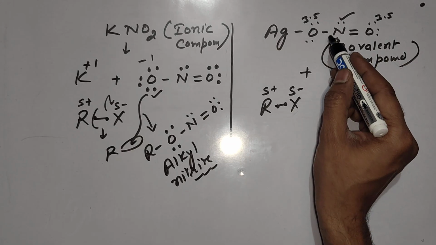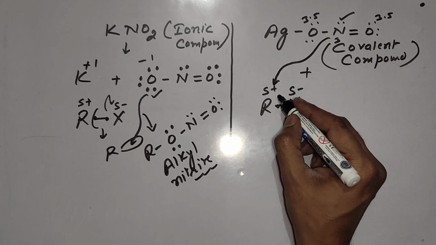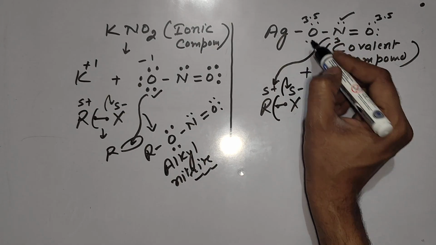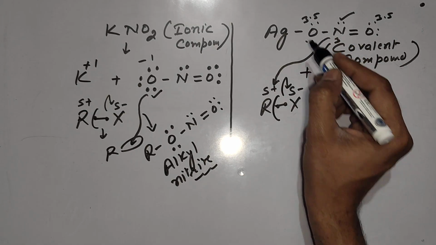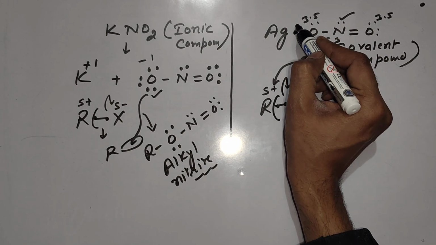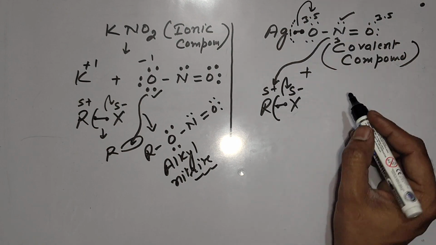So nitrogen will start donating lone pairs to R, and the bond will break. This X negative will be stabilized by silver because silver is less electronegative than oxygen. So when the bond between silver and oxygen breaks, both electrons will go toward oxygen.